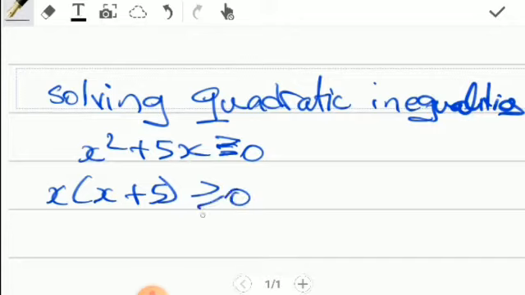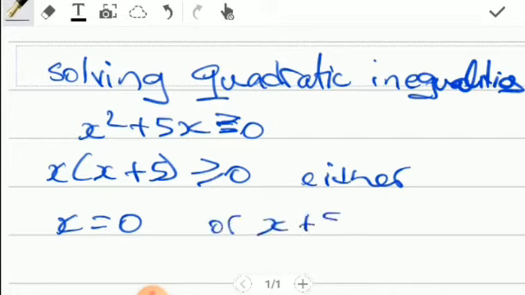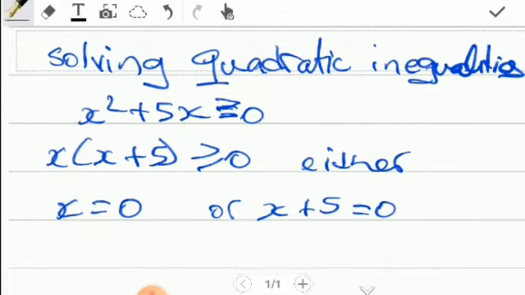Now, we're going to find some critical values. Either x is equal to 0, which is one of our critical values, or x plus 5 is equal to 0.